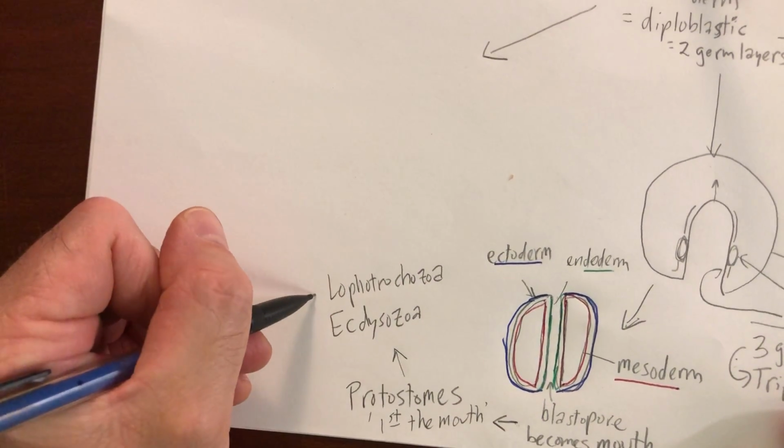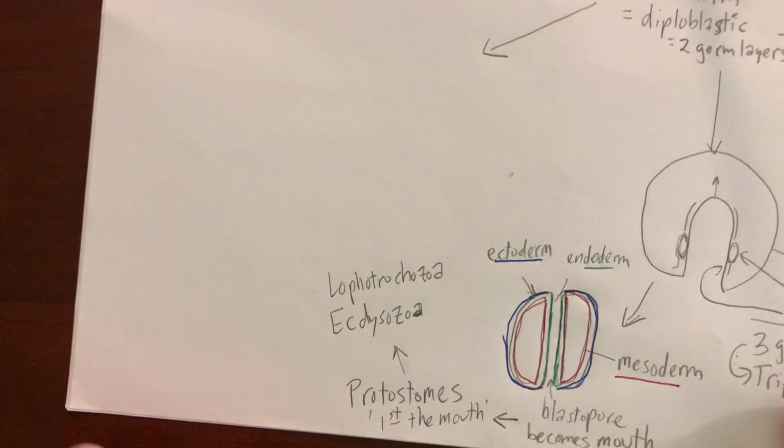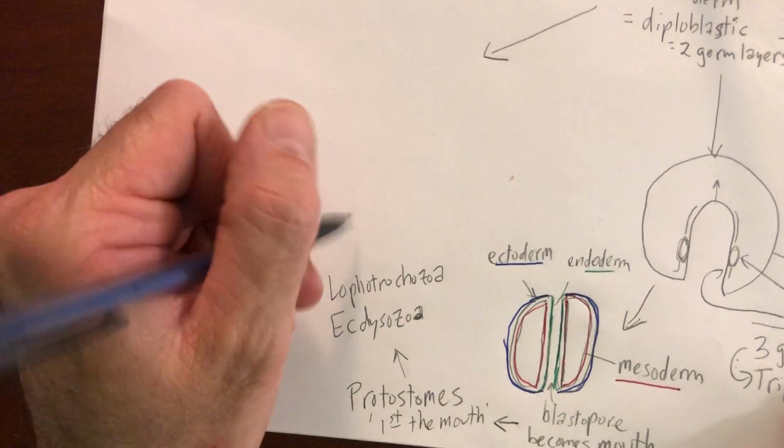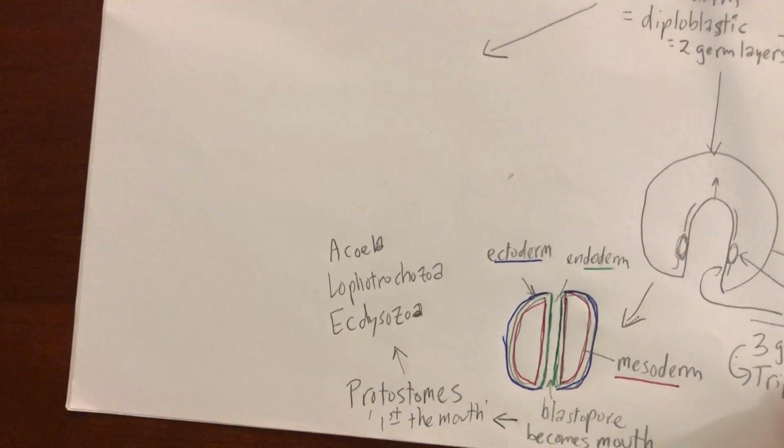So we have the non-molting protostomes and the molting protostomes and a few other things, like the acoelomates. These are all protostomes.